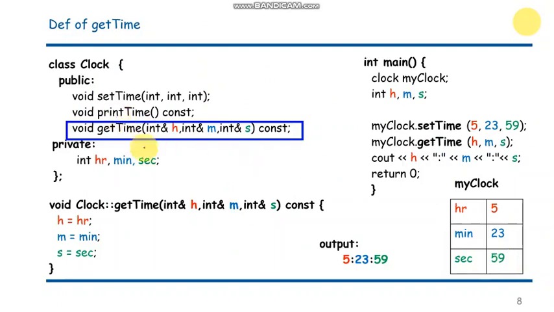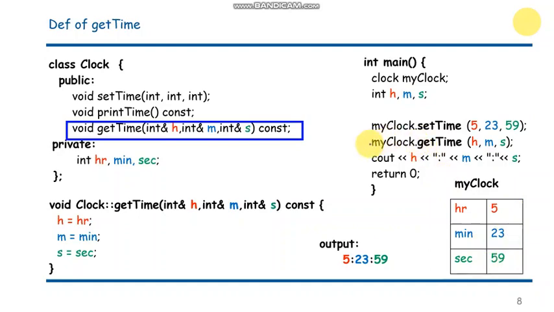There is what is called a get function, and here we have getTime. You can see that it has reference parameters here, and it also has that const. Now, the assumption here is that we have already used setTime, and setTime has set our clock to 5, 23, and 59.